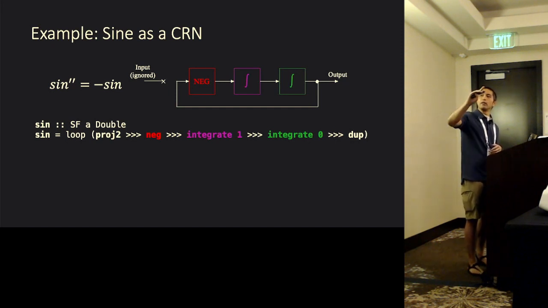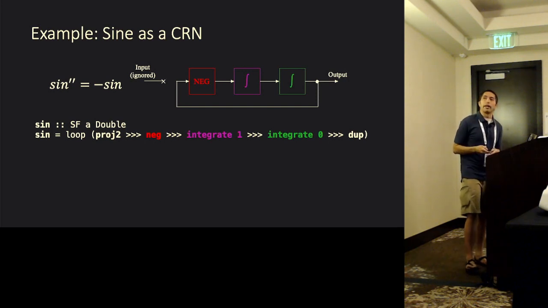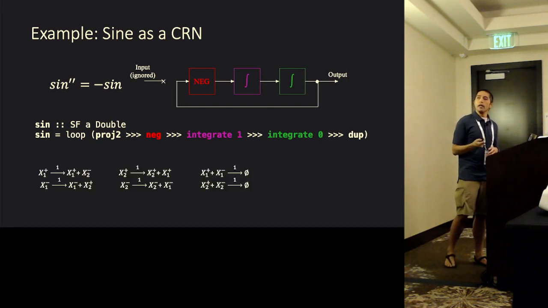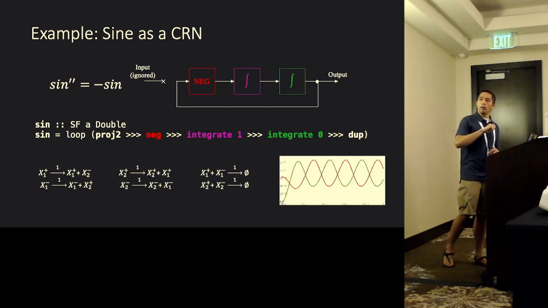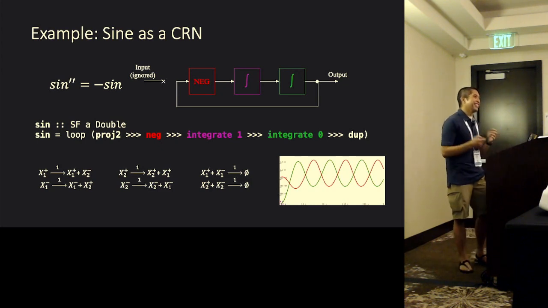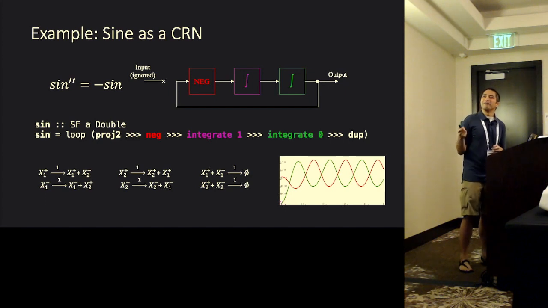Sine is defined to be a loop over the negation of two integrations fed back on itself. That sine function, when run through Reactimal, produces that set of reactions there, which we'll look at in a bit, so don't worry about it too much. And then when simulated, produces what I hope is a sine wave. So it works, at least in simulation. So that's the idea behind Reactimal.